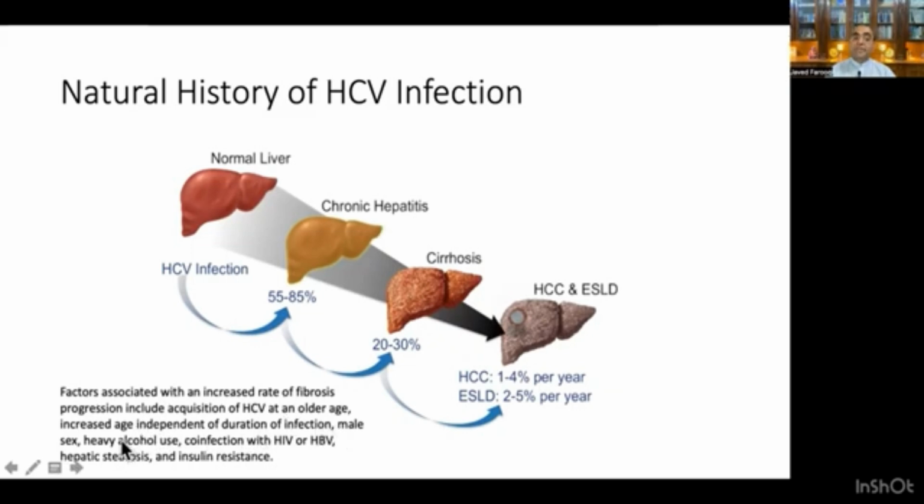And then the male sex, the heavy alcohol users, and if the patient has co-infection with HIV or HBV, or hepatic steatosis, or insulin resistance.